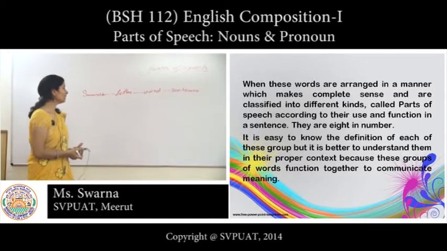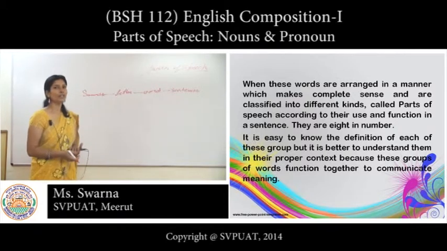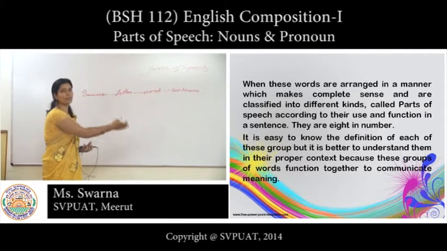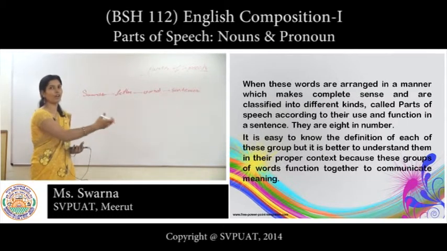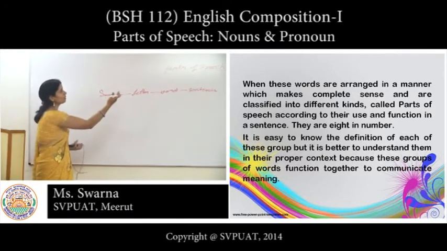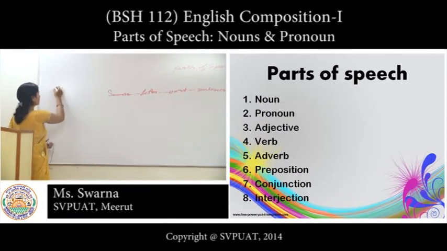When words are used in a sentence, according to their function and their use, we divide these words into 8 parts, and these 8 parts are called parts of speech, which is our topic today. Now we explain the topic parts of speech. There are 8 types of parts of speech. First one, noun. Second one, pronoun.